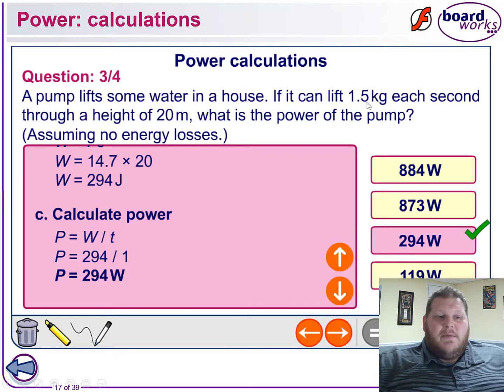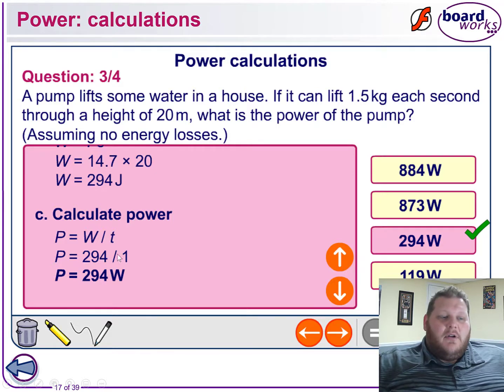So 1.5 times 9.8 gives us the 14.7 that you can see at the top of this box. And that times your distance would be your work done. Again, force times distance is work. So 294 joules is how much work is done by that pump. 1.5 kilograms, height of 20 meters, that's 294 joules.